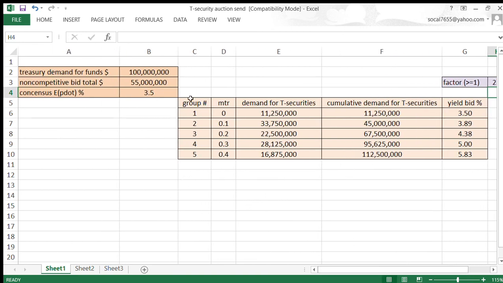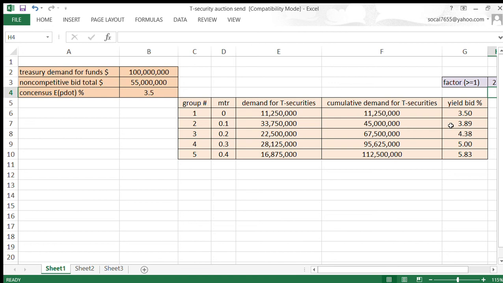So government needs 45 million. Oh, this is nice and neat. Cumulative demand is exactly 45 million with group 2. So the marginal tax rate, given the current assumptions, would be 10%. Group 2 is going to be the marginal investor group. Group 2, by assumption, has a marginal tax rate of 10%.